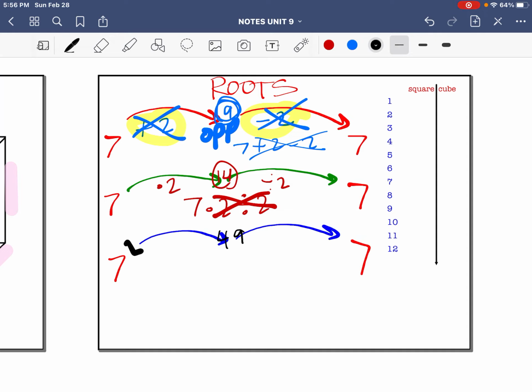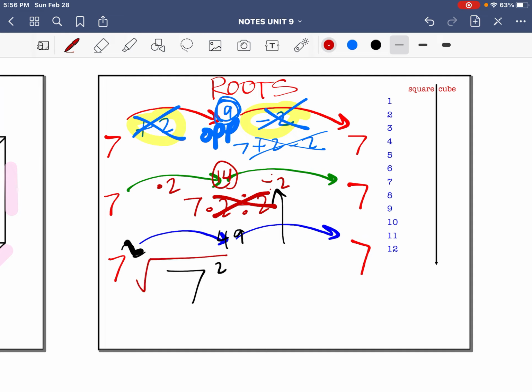In order to get back to 7, I could divide by 7, but we already know that divide is up here with multiply and divide. So we need to find out what is going to be the opposite of squared. The opposite of squared is a square root.